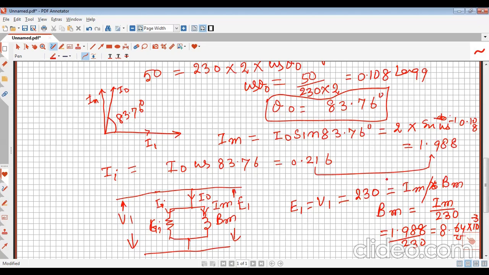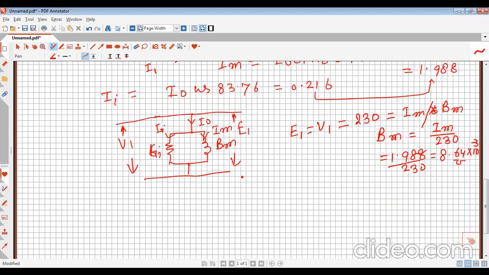So this BM is now known, and the last part is to find this GI. We can find GI from the relation that the no load power is equal to V1 square multiplied by GI. From here we can find GI.